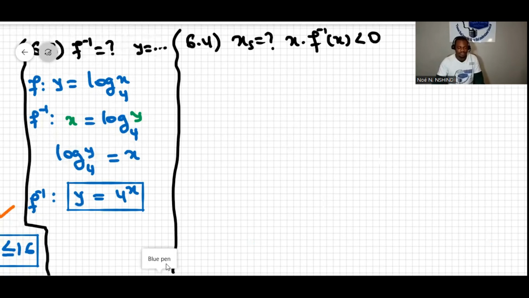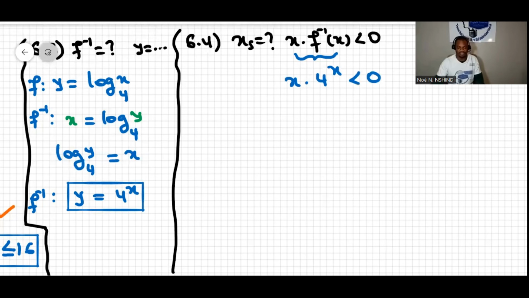Now, f minus 1 we did. In other words, all this simply means x times 4 to the power of x is less than 0.